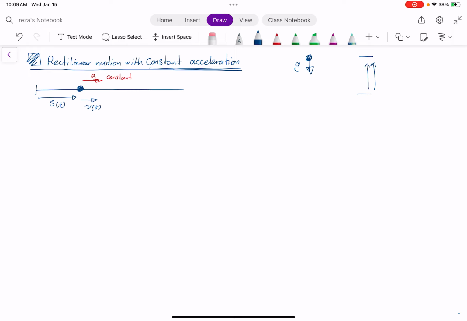You have this constant electrical field between two charged surfaces. You have a particle here, and the particle moves along the electrical field with constant acceleration. That is also a good example, and it shows up a lot, for instance, in particle accelerators, when you have these constant electrical fields within the loops.